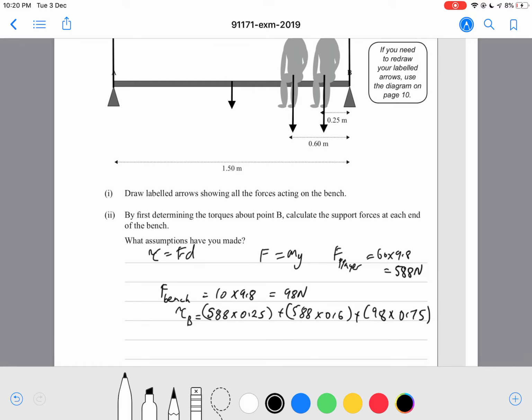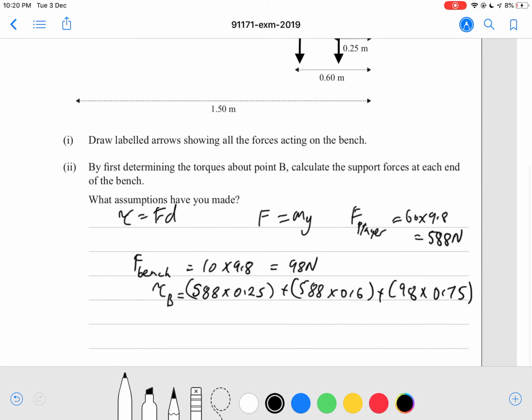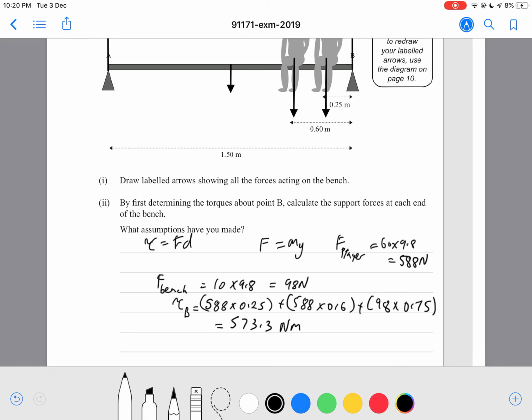If we add these up, 588 times 0.25 plus 588 times 0.6 plus 98 times 0.75, your final answer should be 573.3 newton meters, and that's your torque about B. So now we want to calculate the support forces at each end of the bench.